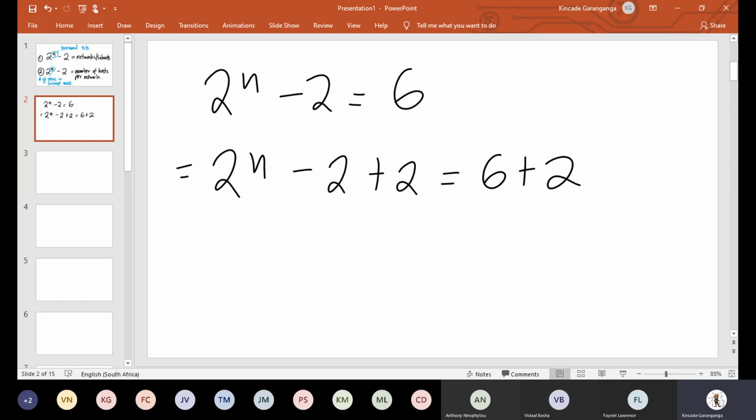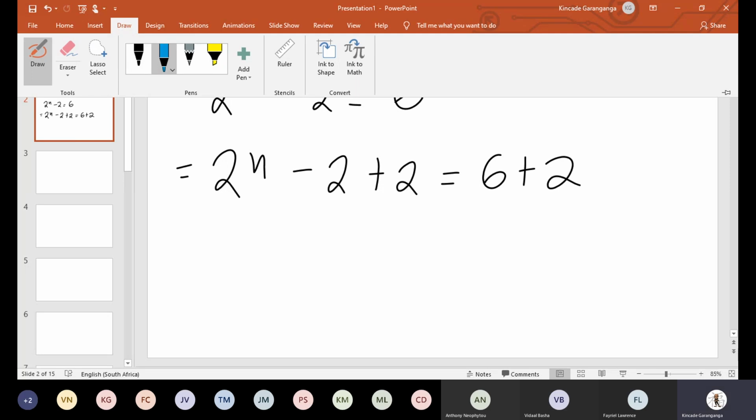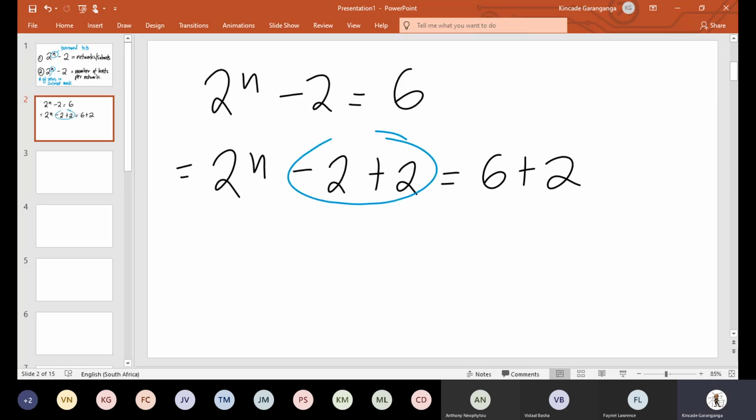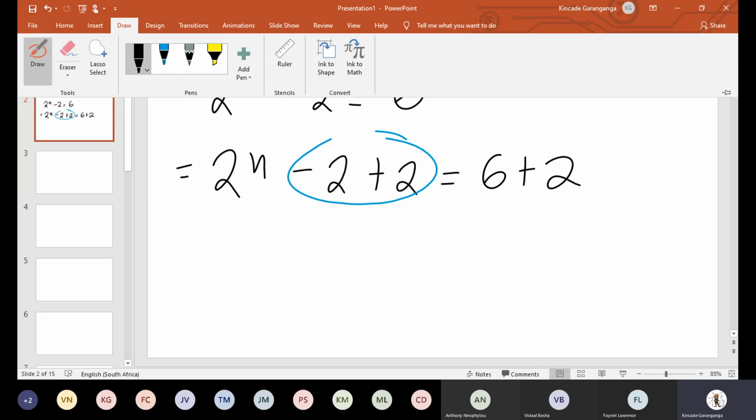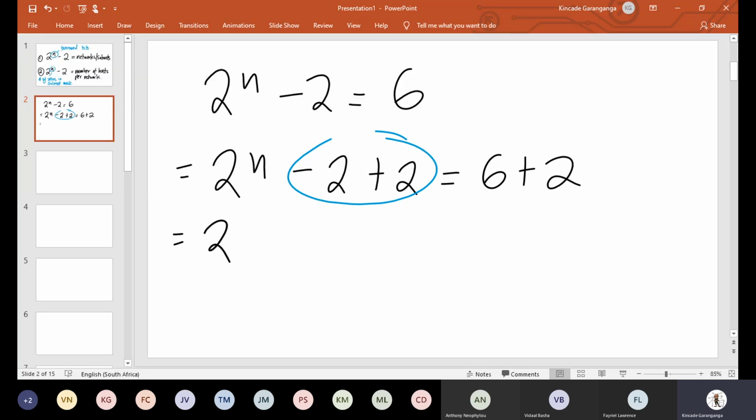That part of the equation naturally gives you 0, and this then becomes 2 to the power n is equivalent to 8. You can obviously solve for n there, so our n is equivalent to 3, because 2 cubed is equivalent to 8.